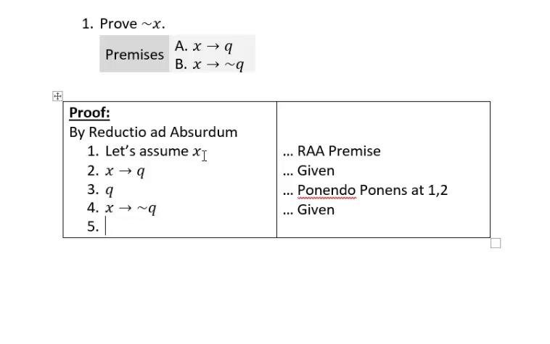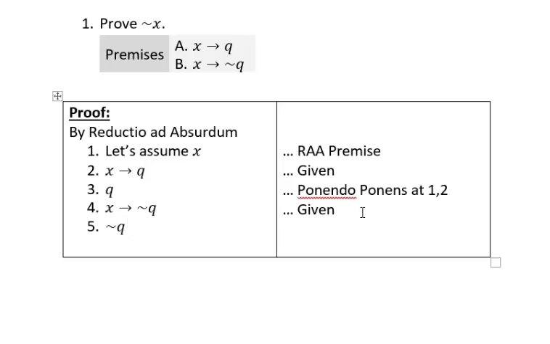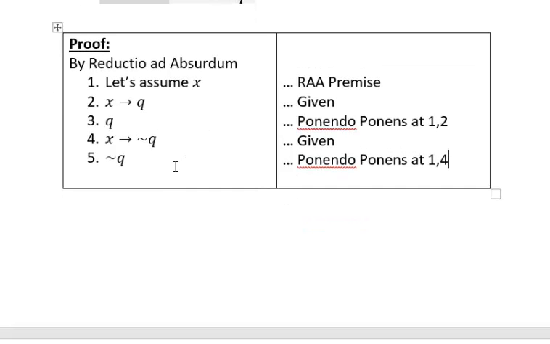And I already have x in step 1, so I can use that x as a justification to say that I'm going to conclude negation of q, and that will also be ponendo ponens, but in this case with steps 4 and 1. So I'm going to put step 1 and step 4.